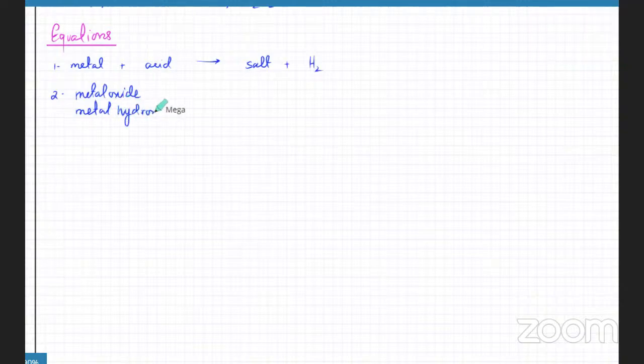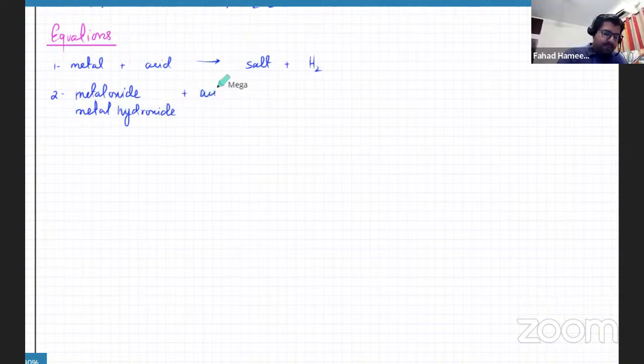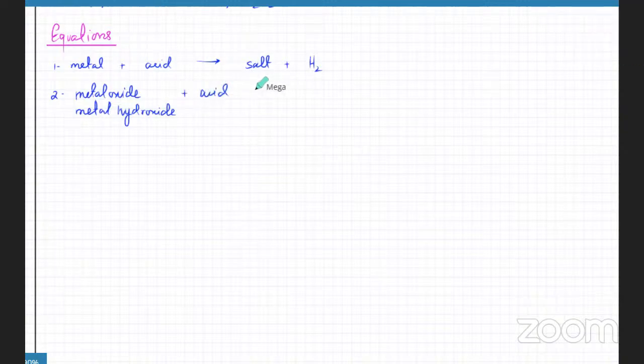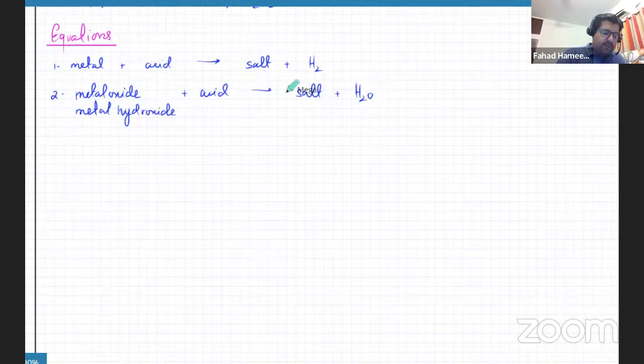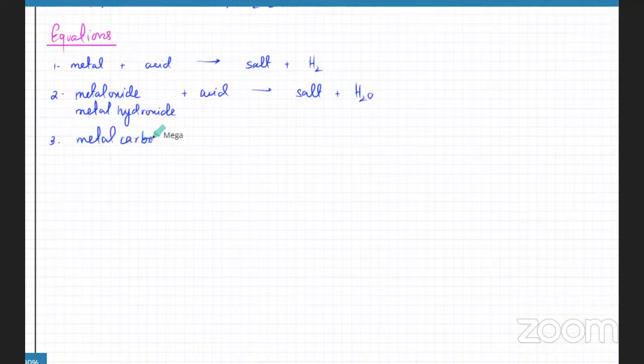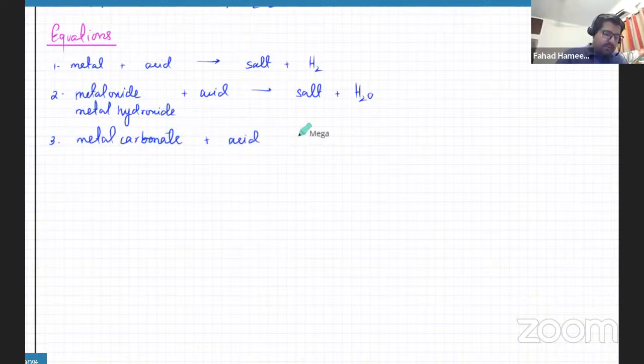Salt plus water. What happens when a metal carbonate reacts with an acid? Salt plus water and carbon dioxide. So you're going to get salt, water, and carbon dioxide.